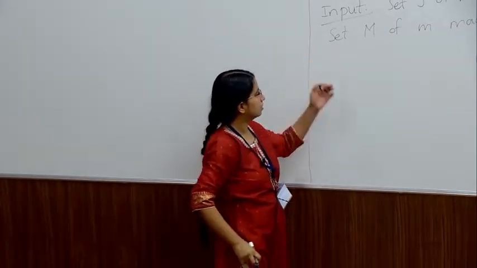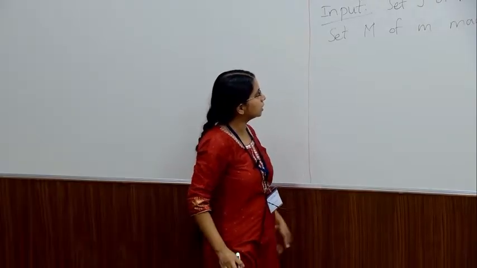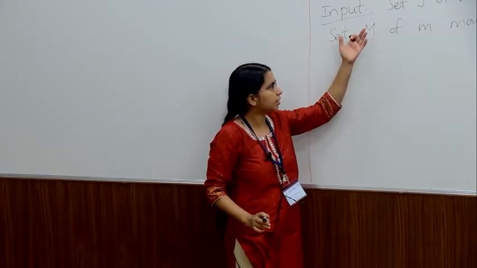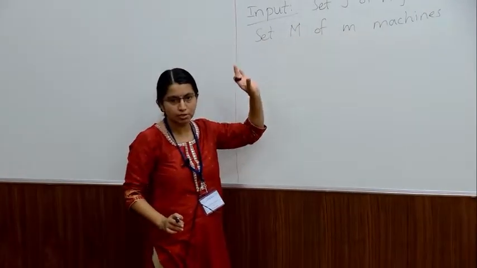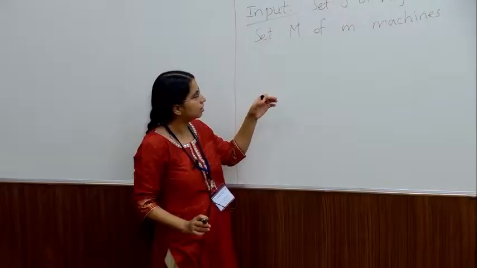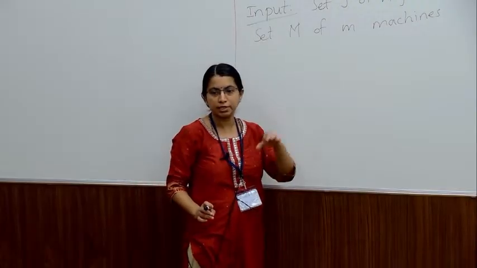Our goal is to schedule these jobs on these machines. Each job needs to be scheduled only on one machine in a contiguous time slot. So you can't execute a job halfway, then put it aside and execute something else.